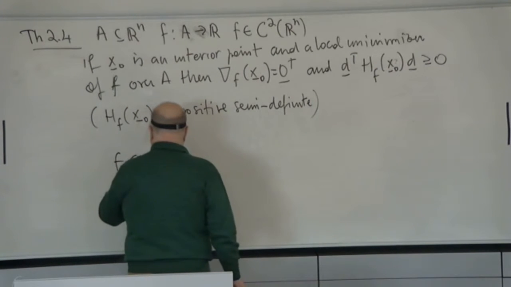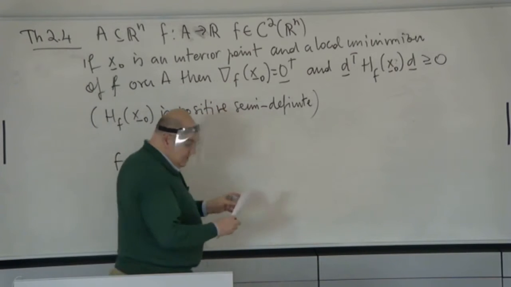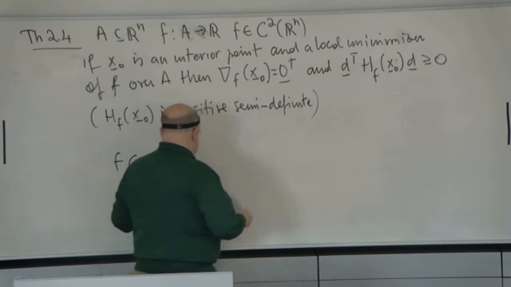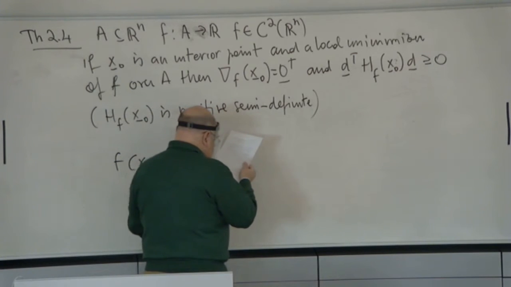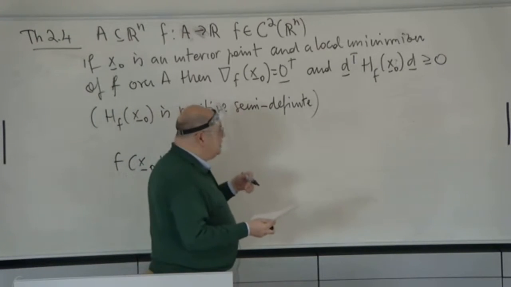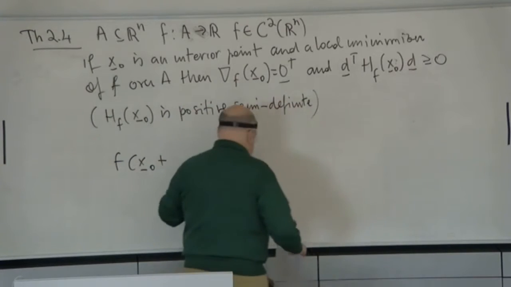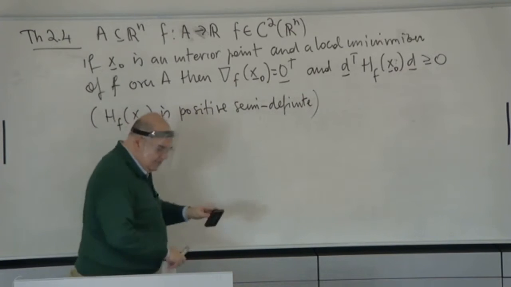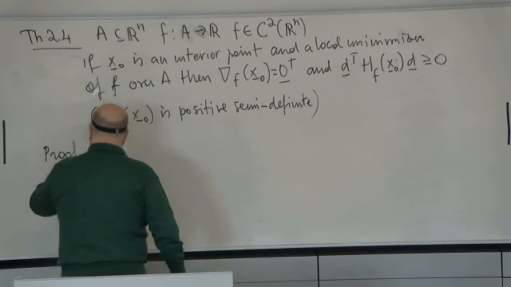Taylor expansion is still f of x0 plus, which letter did I use? D here. Well, I used p as well. So why did I use p? I used it by contradiction. So I choose a vector p such that this is not true, the negation of this. So let me give you a sketch of the proof, which is quite similar to the previous one.